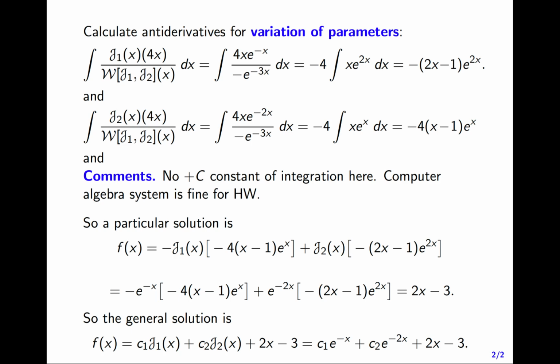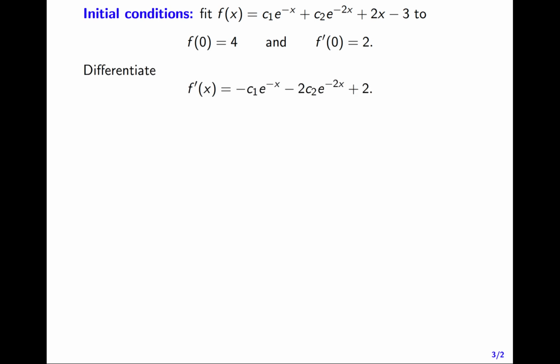So I'm almost done. I just have to find the values of c1 and c2, and for that I'll incorporate the initial conditions. I want my solution to satisfy f of 0 equals 4 and f prime of 0 equals 2. So first I'll differentiate, as I like to do.